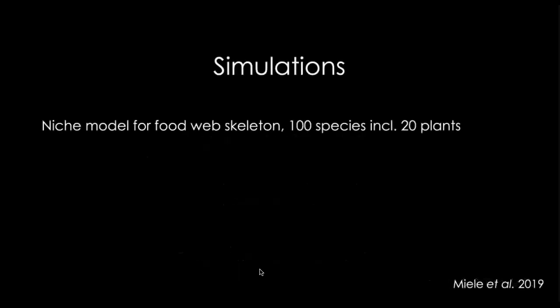And so we built network food webs of 100 species, including 20 plants, using the niche model. So just to get a structure that is kind of realistic. And then in this model, we're going to plug in non-trophic interactions randomly, but with some constraints. So for example, competition for space can only happen between species that are sessile.